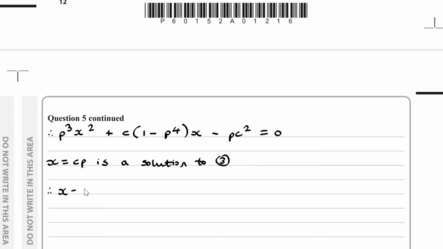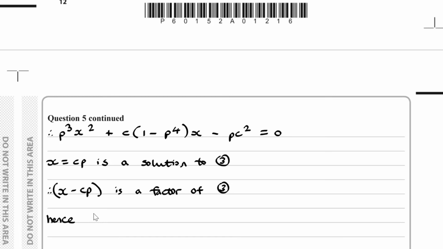And if x equals cp is a solution to equation 3, we can therefore conclude that x minus cp is a factor of equation 3. So what does this mean? Well, with this, we can now write this quadratic equation as the product of two brackets.